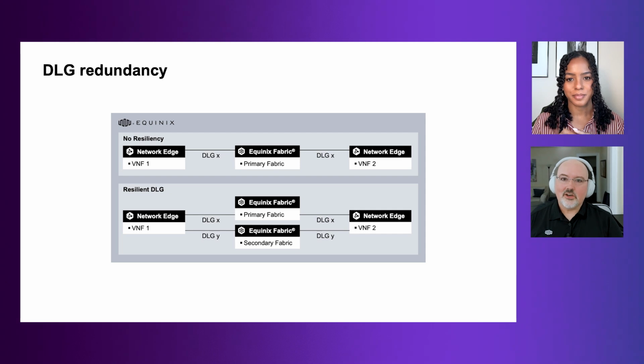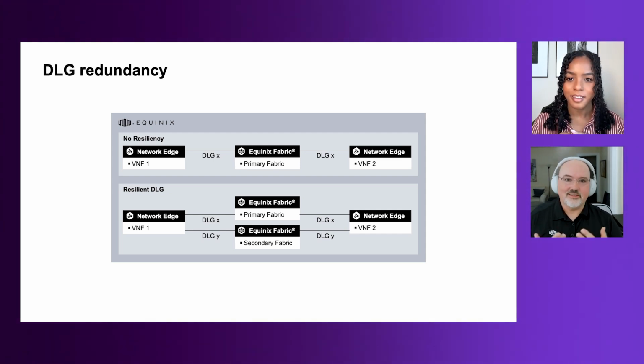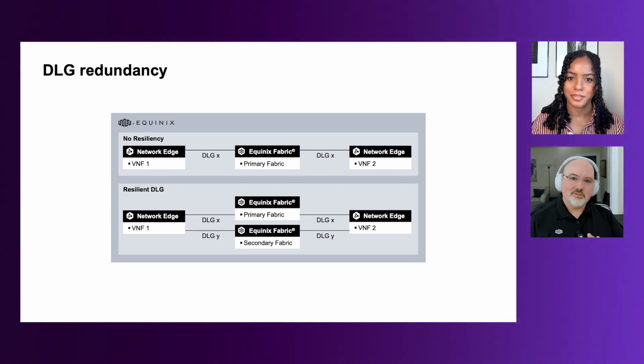With DLGs, it's all handled through the portal. You choose which devices to link, assign VLANs, and you're done. Behind the scenes, the platform keeps those links resilient, isolated, and optimized for HA traffic. And it's one of those small but critical details I feel like people often overlook. That's actually what makes high availability work in practice and not just on paper.